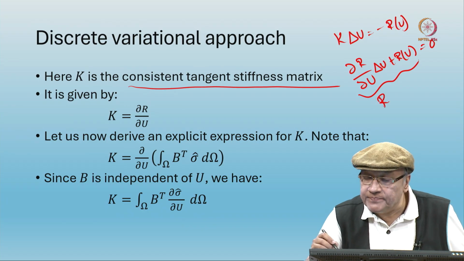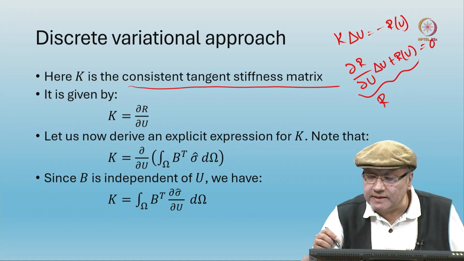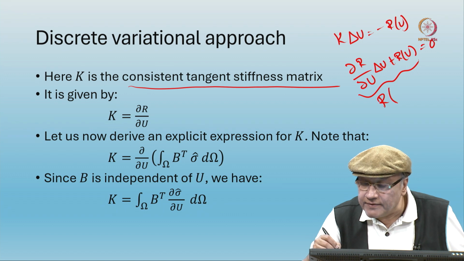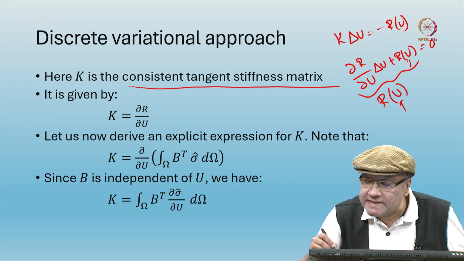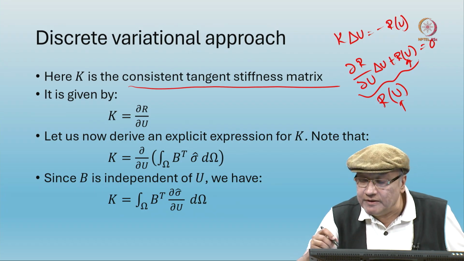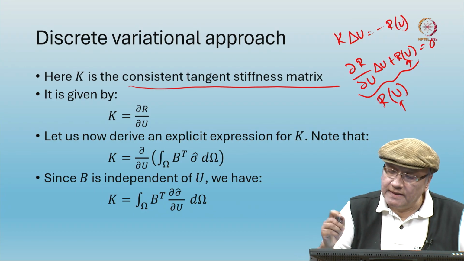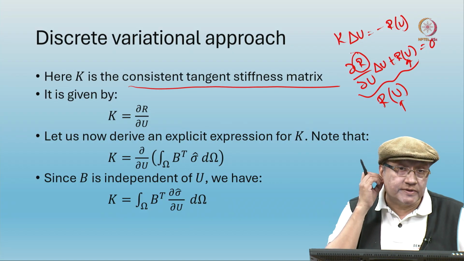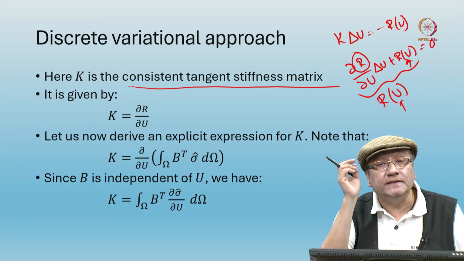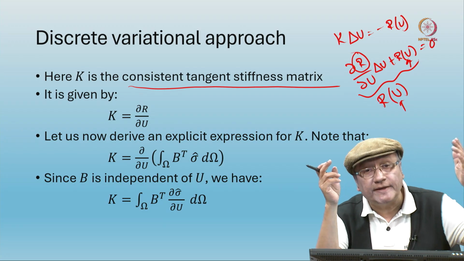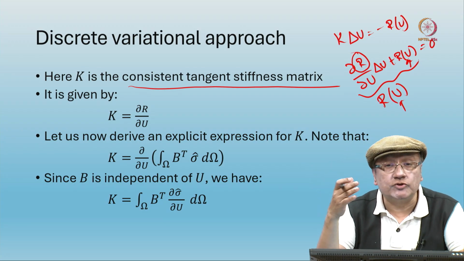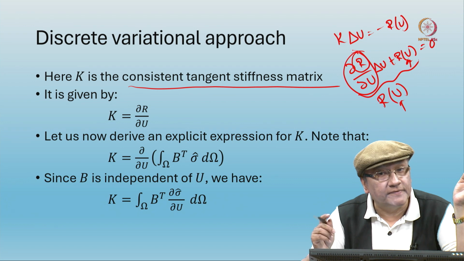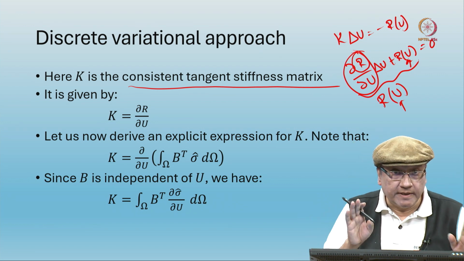If your correct solution is not yet known, you have to find it. So this is an approximation of R of u, but this u and this u are not the same. This u is the last available u, so do not mistake it. R is already a derivative with respect to pi, with respect to the strain energy psi. Do you remember? So this is essentially a second order derivative, and that has to be understood.